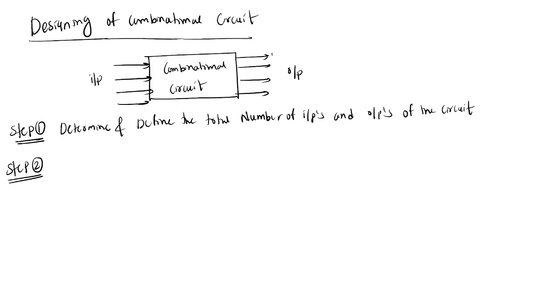Step two: you need to make the truth table that defines the relationship between input and output.